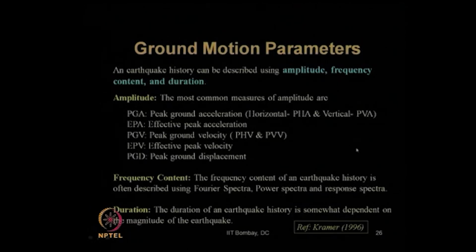Because typically laymen or common people have a tendency or an idea that a large magnitude or a large amplitude of an earthquake will be more damaging, but it may not always be the case.